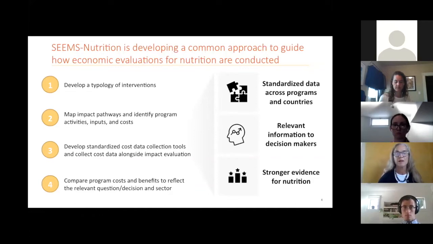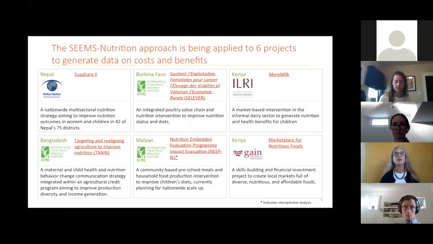So before we go on, I'll show you where we're applying this approach currently. We are developing and applying this common approach in 6 settings. They're all diverse multisectoral nutrition programs supported by our partners in Nepal, Burkina Faso, Kenya, Bangladesh, and Malawi.